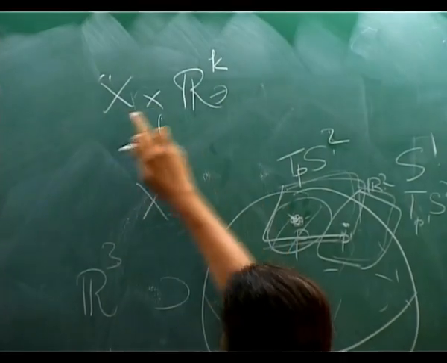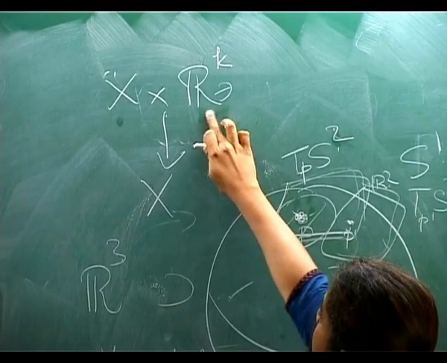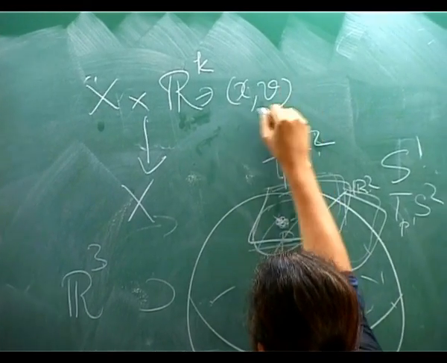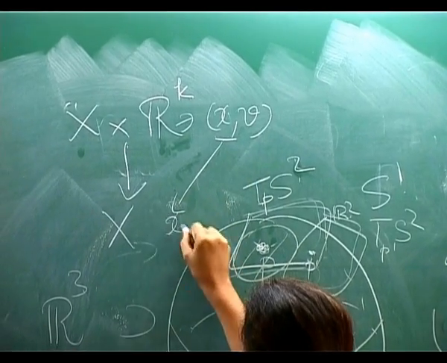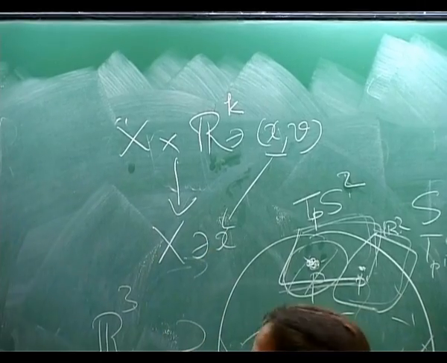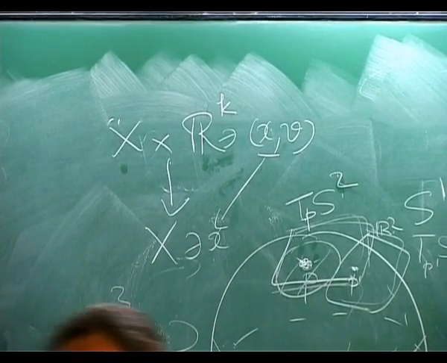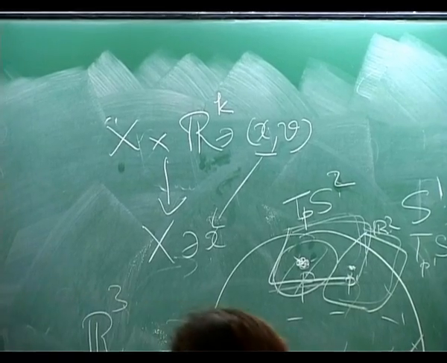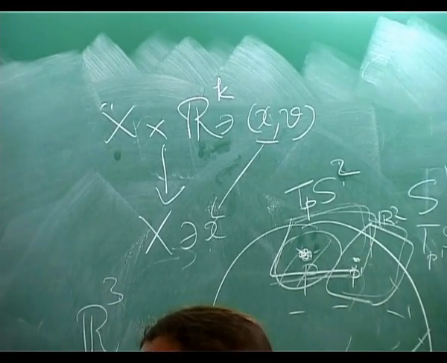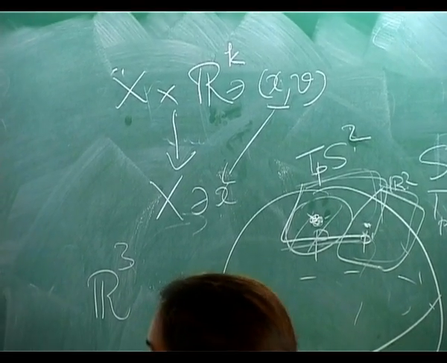Since X is a manifold and R^k is the building block, this is again a manifold. So you have X times R^k, and this is sent to X, the first projection. This is actually a vector bundle because at any point x, the fiber is just R^k, a collection of vector spaces. But this is a trivial vector bundle because at any point I am attaching the same vector space, R^k. So this is called a trivial bundle.